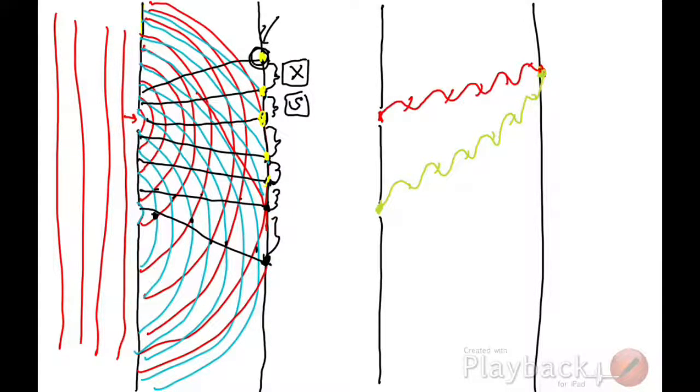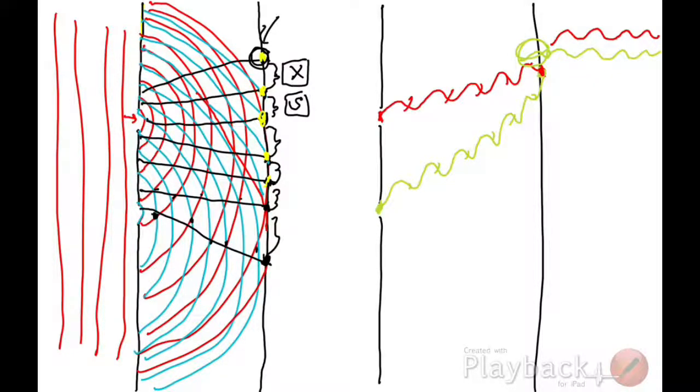But notice that they both meet up at the same spot, and they would both constructively interfere. The green one would look like this, but it would still line up after that point. It would travel 1 extra wavelength farther to get there, but at that point, it perfectly lines up with the red wave. That's kind of neat.